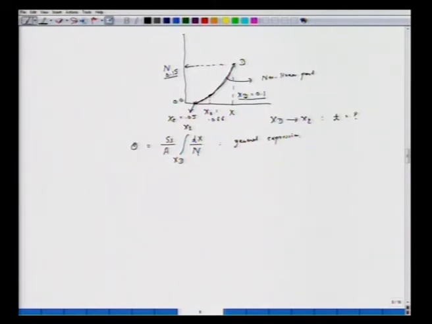To integrate this, since it's a non-linear part, we require numerical integration. With some numerical integration technique, you take as many points as possible here. So let's say we have moisture content 0.1, 0.08, decreasing to 0.064.